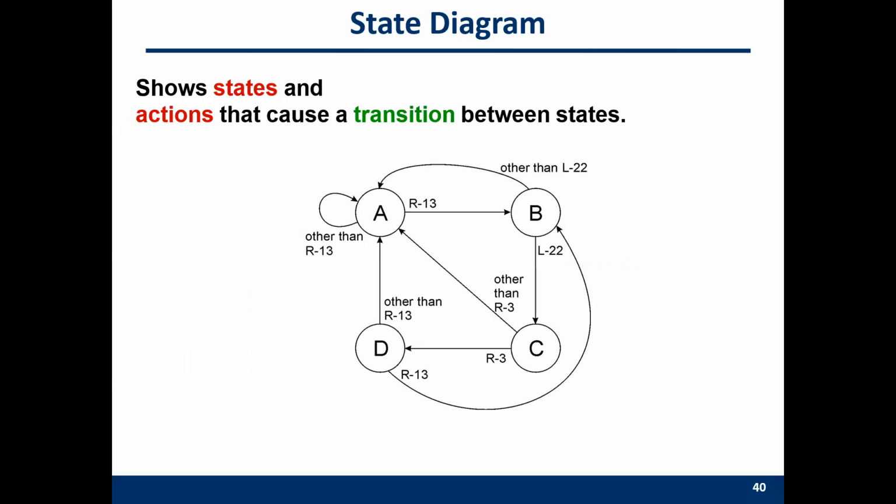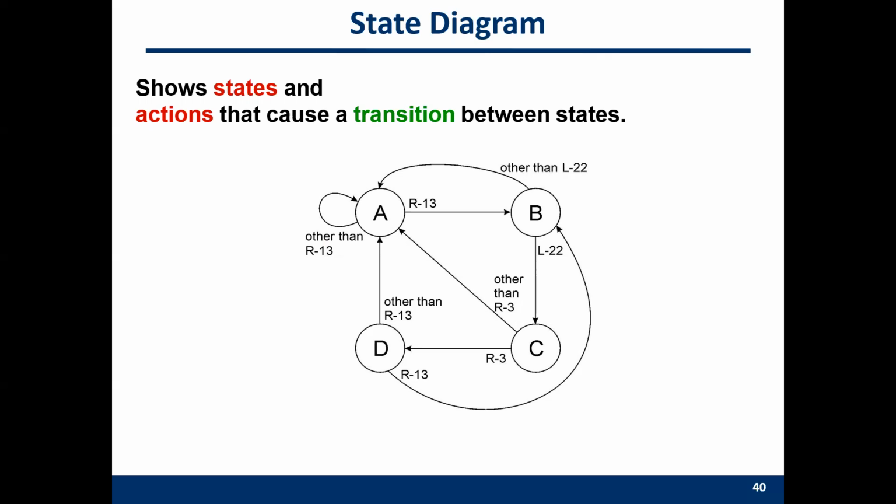The same as the previous slides, we have 4 states. And then we have multiple transitions connecting these 4 states. And attached to the transition, actually, is the user input.